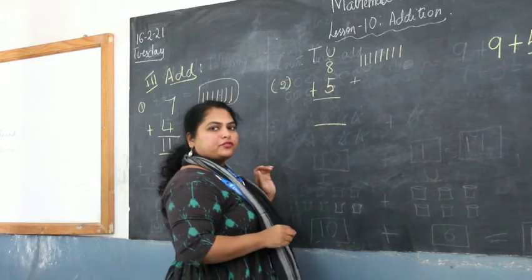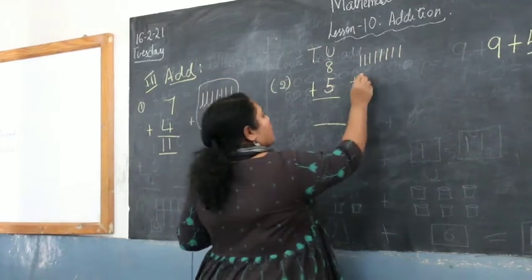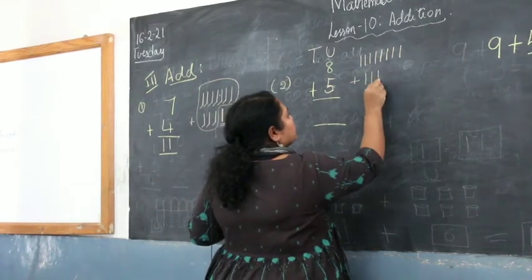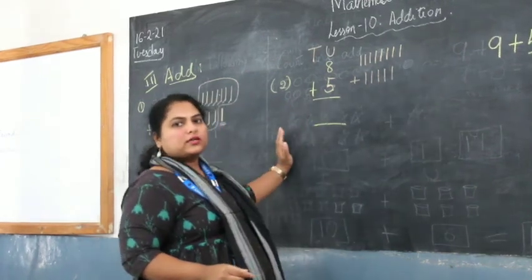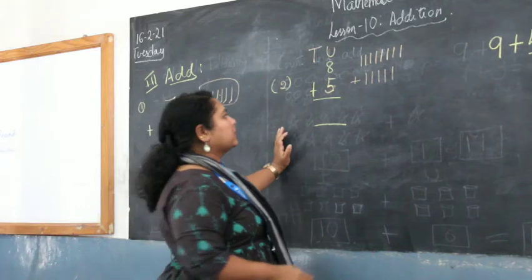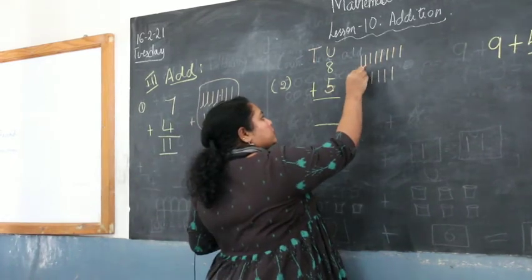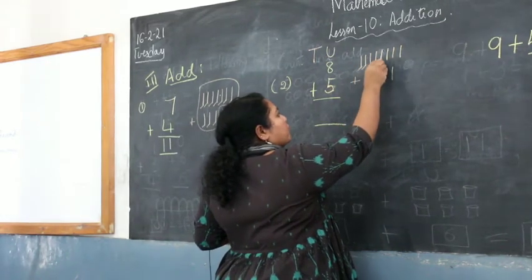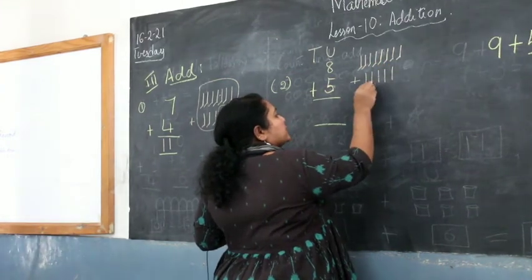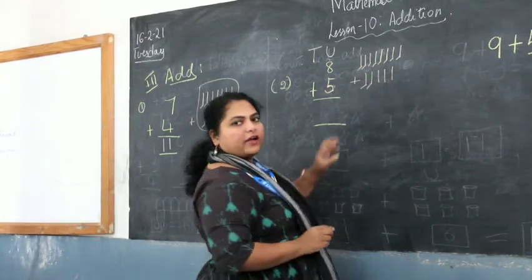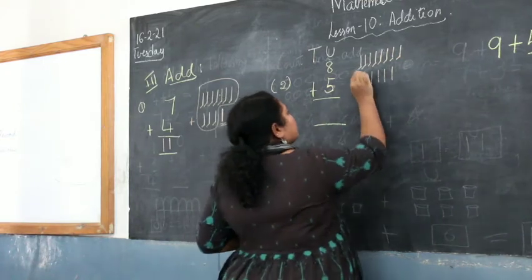So I have to draw 5 sticks. 1, 2, 3, 4, 5. Now first let's make a group of 10. 1, 2, 3, 4, 5, 6, 7, 8, 9, 10. So till here we have 10 sticks.